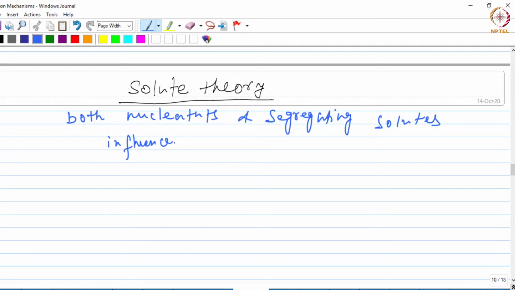And the effectiveness of titanium has already been recognized for its grain refinement ability due to the fact that it has a high segregating tendency, right?